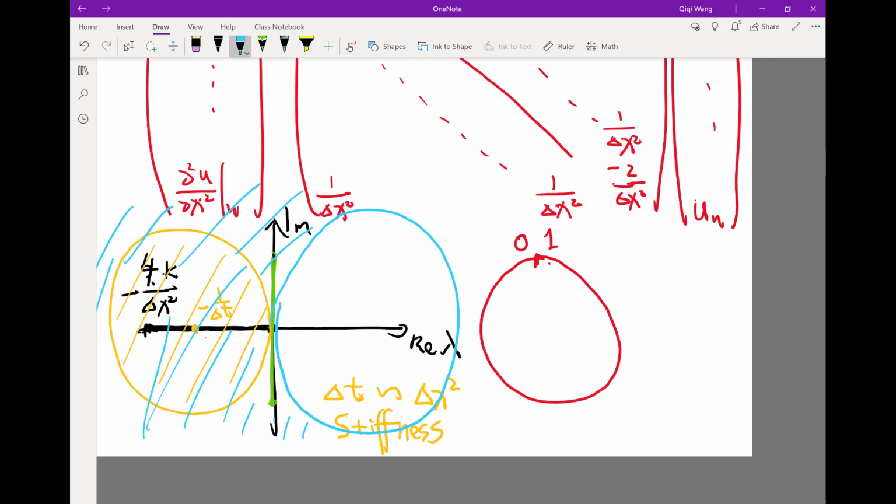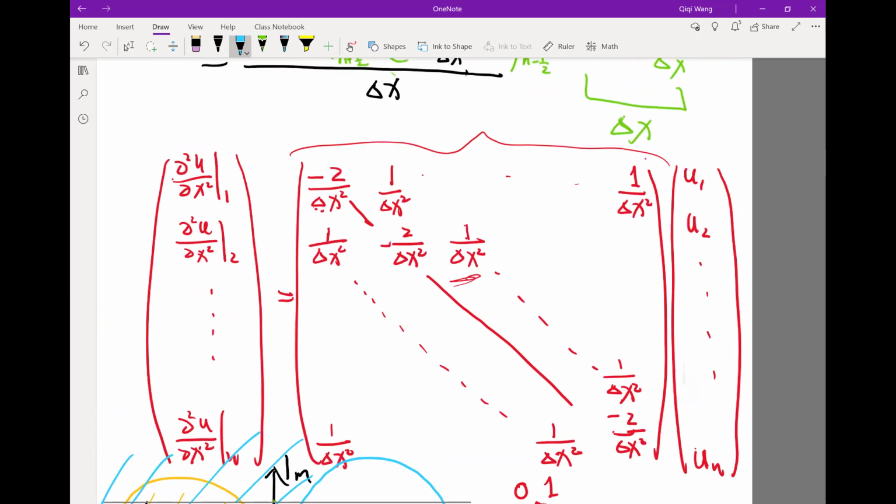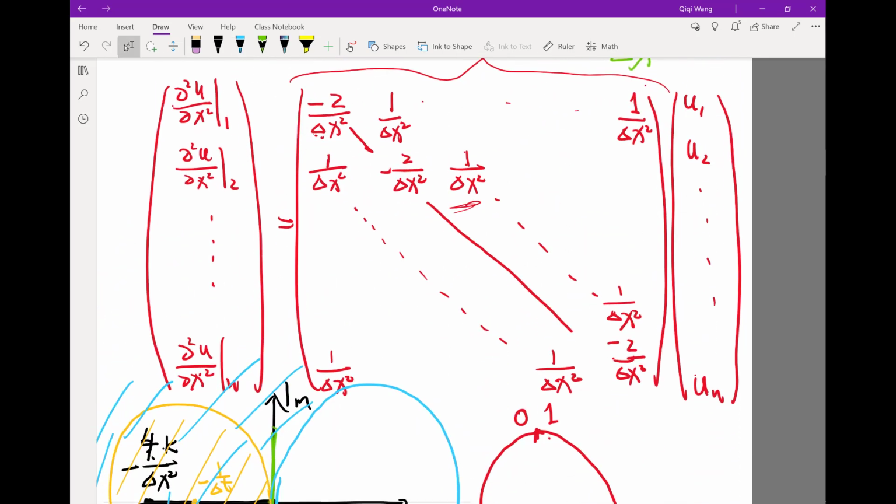Then you can take a time step that is unconstrained by stability. It's only constrained by accuracy. If the solution is not accurate enough, I still have to decrease my delta t, but I'm not constrained by stability concerns. So this is what happens when you have a second order derivative.